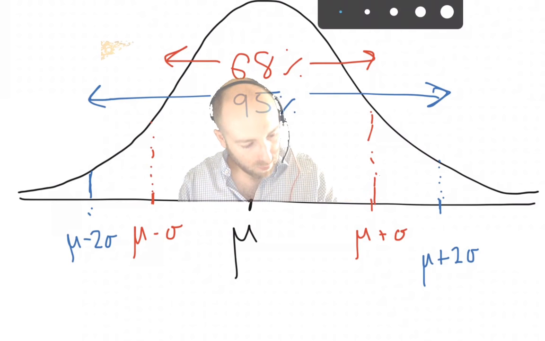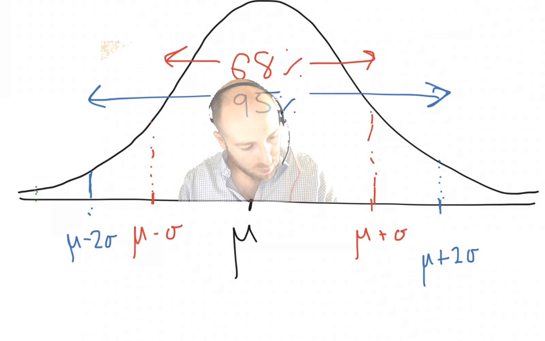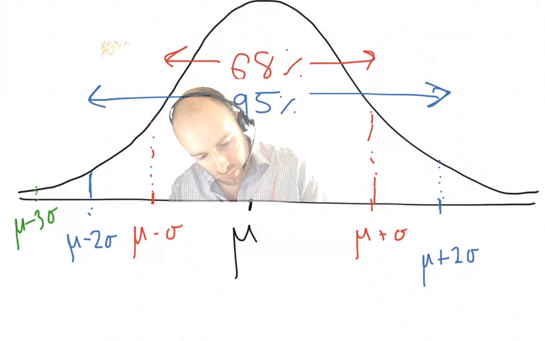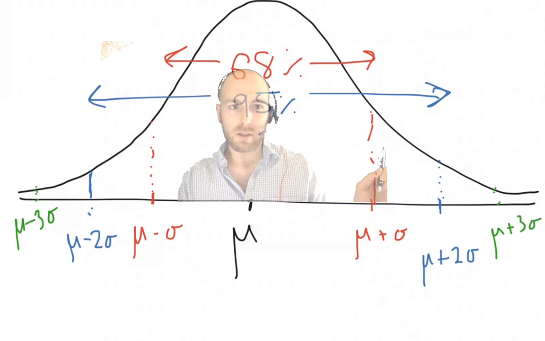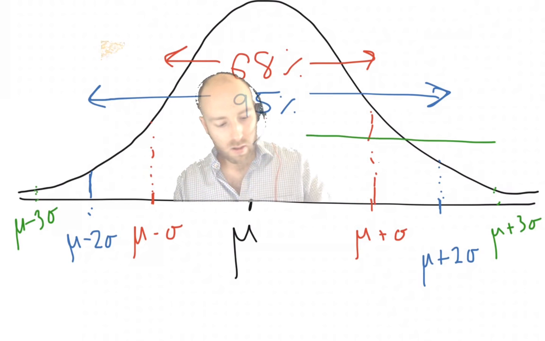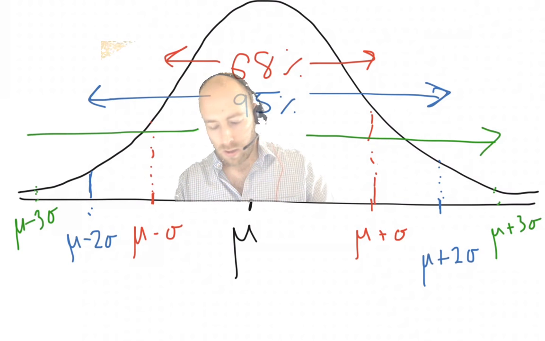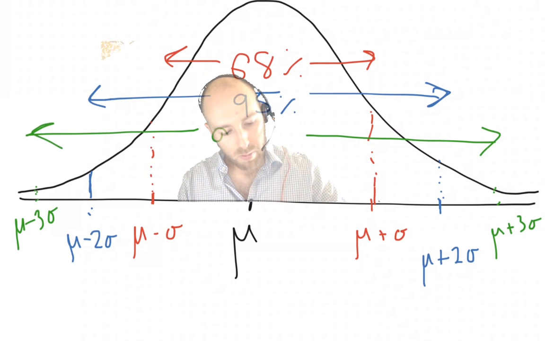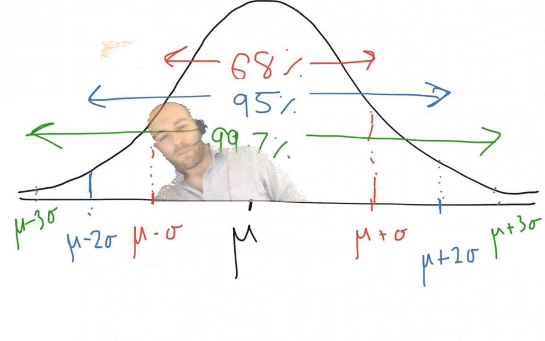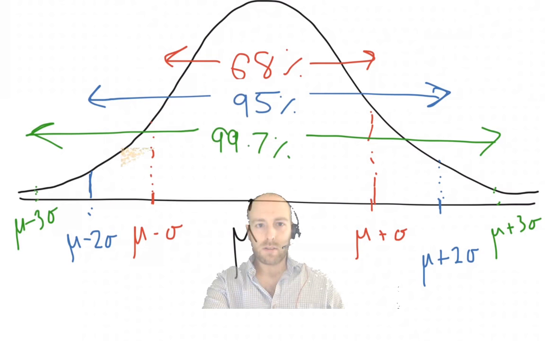And finally, from mu minus 3 sigma to mu plus 3 sigma, we have 99.7% of your data.